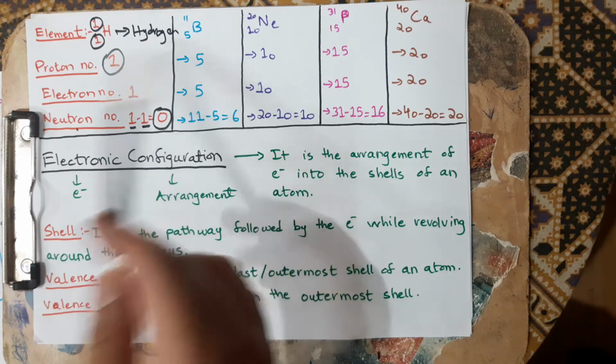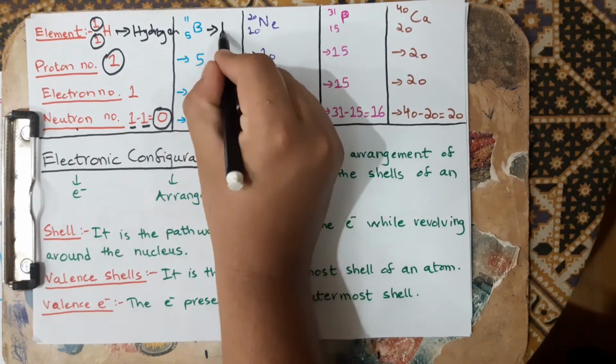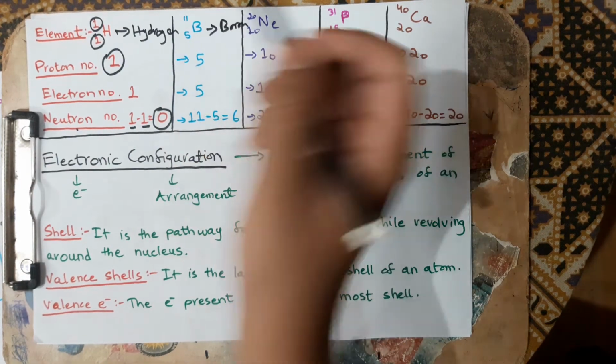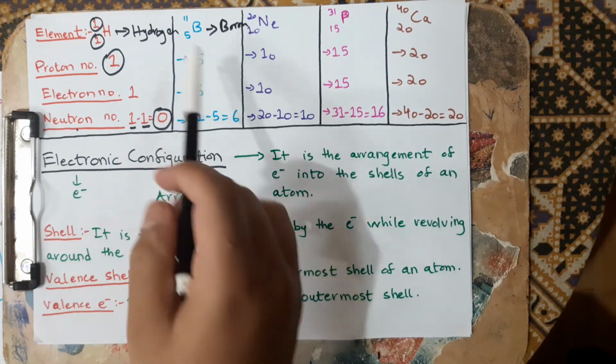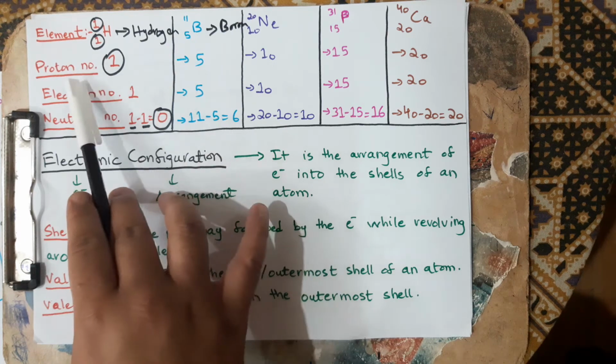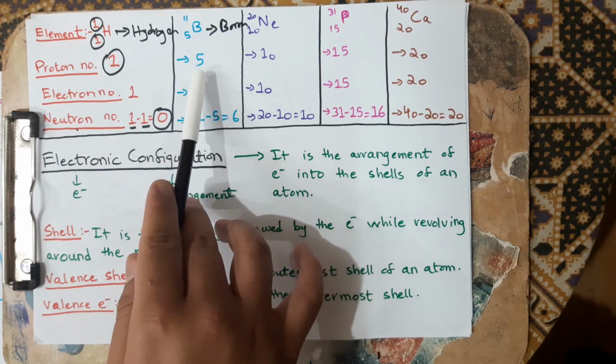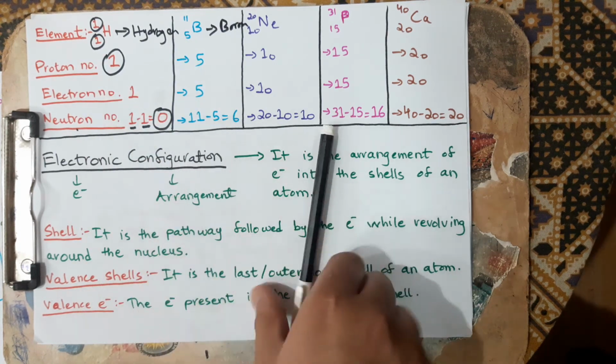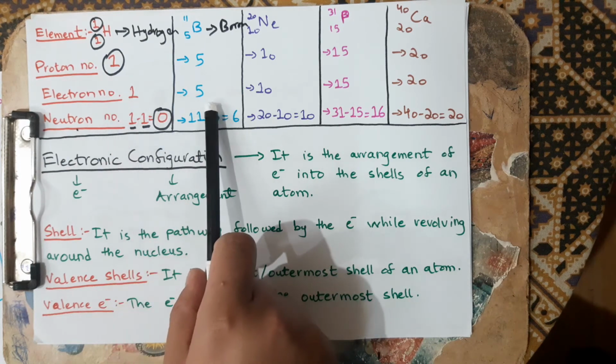Likewise, if we do it for boron, B, 5 and 11, we know that the smaller number is the atomic number, and it tells us the proton number. So its proton number is 5, and the proton number is equal to the electron number, so the electron number is also 5.